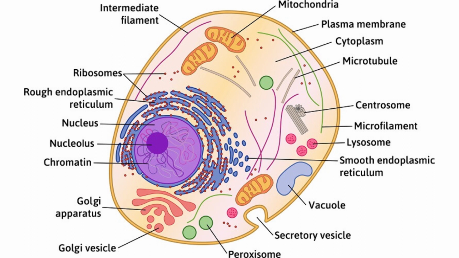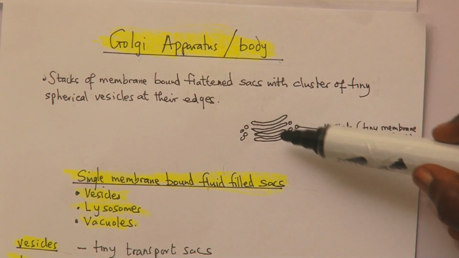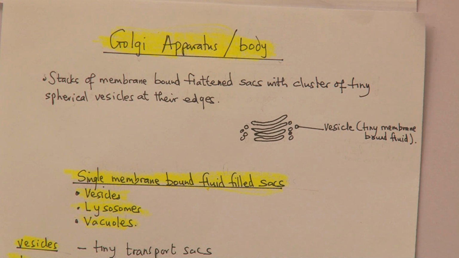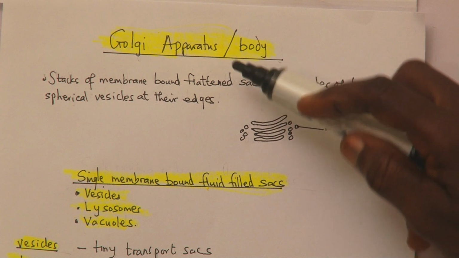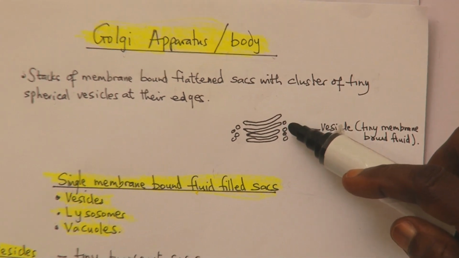Not only that, substances that are simple are built up into huge substances, macromolecules. If the molecules were tiny, micromolecules, they come here and they are built into macromolecules in the Golgi bodies and transported.